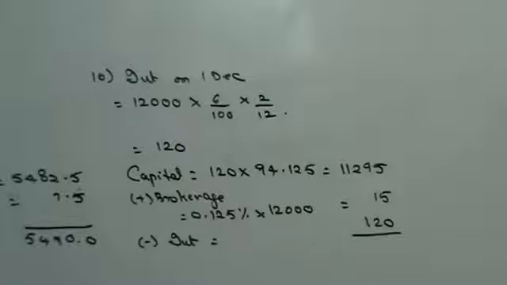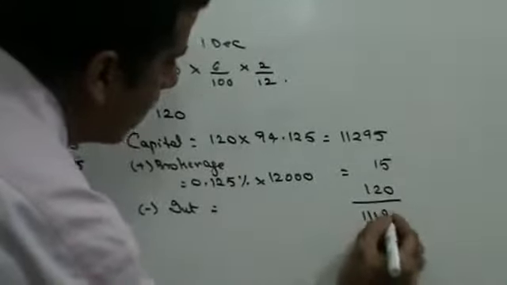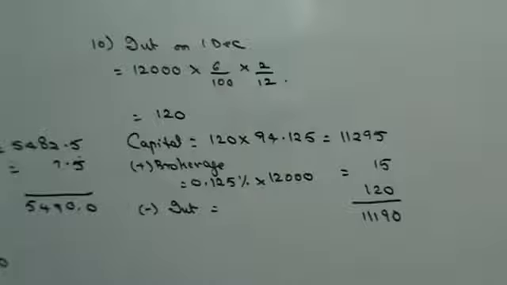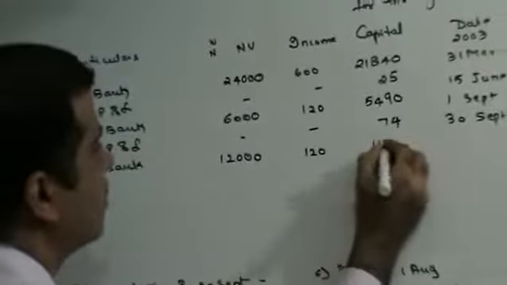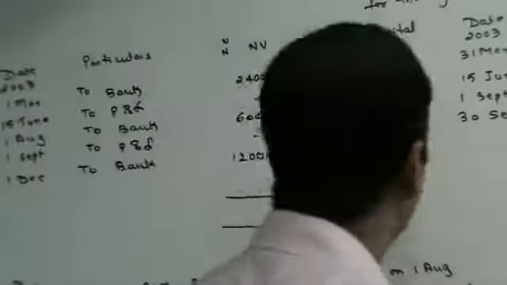Since this was cum interest, I also deducted the interest. So how much does this come to? 1190. Right. So this is going to be interest is 120 and this is 1190. That's tally, people.